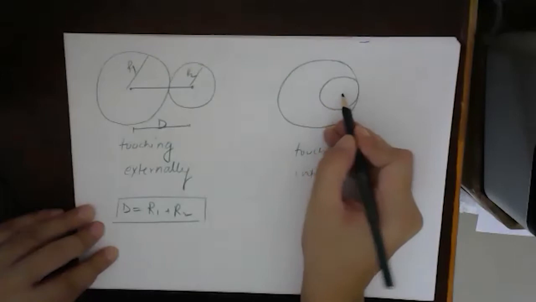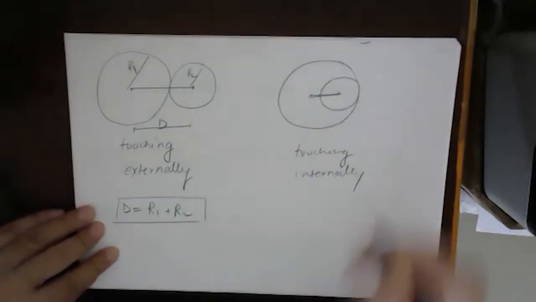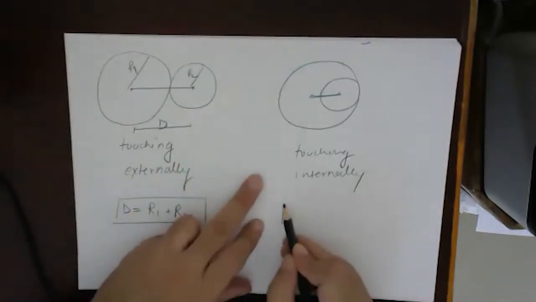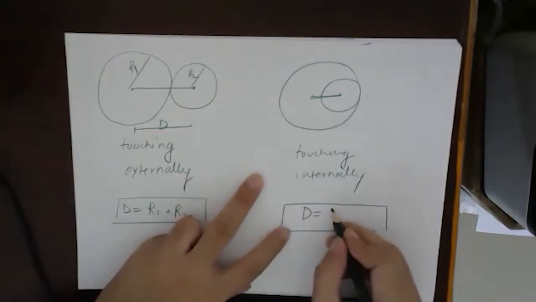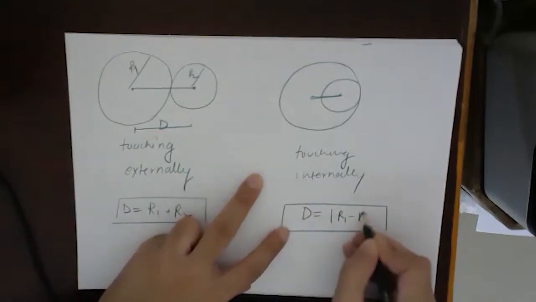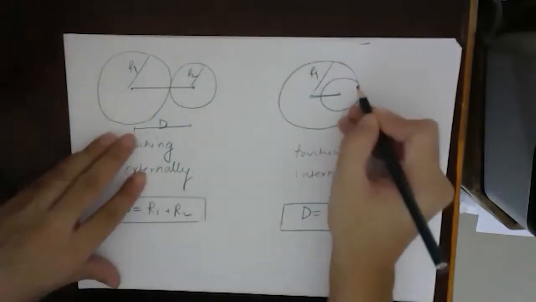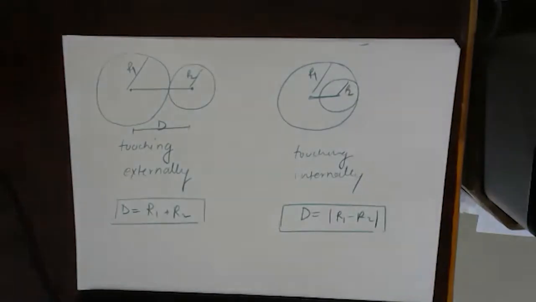And if the circles are touching internally, then you guessed it right, the distance is mod of R1 minus R2. This is R1 and this is R2. Understood? So these are the two conditions.